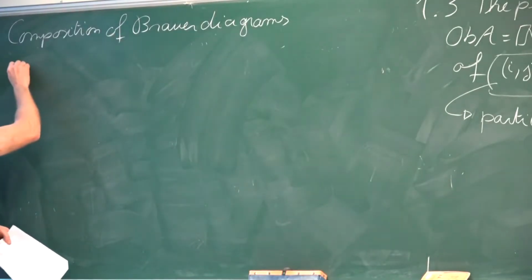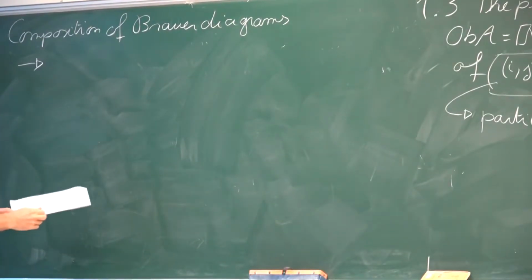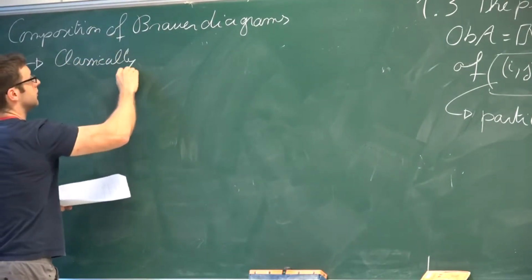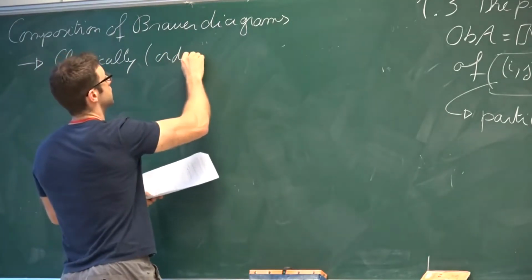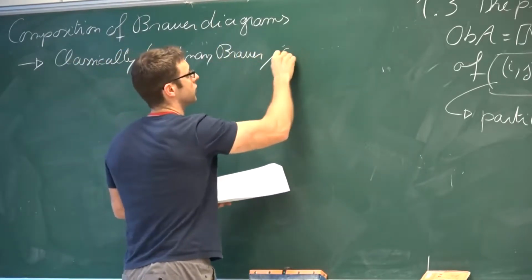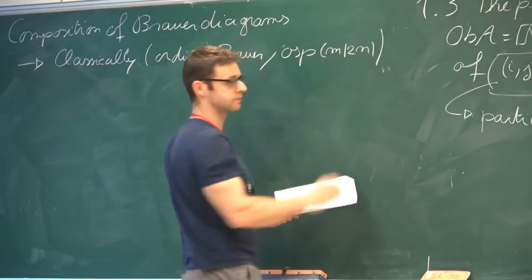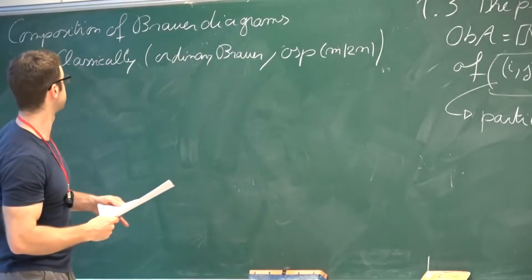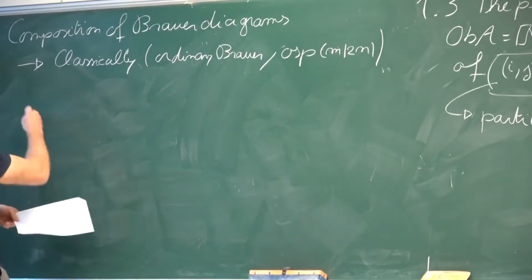I'll first mention what happens classically. For the ordinary Brauer algebra, there's also a way to compose these diagrams. This is relevant in the invariant theory for OSP(m|2n). Then the composition of diagrams is just given by concatenation.